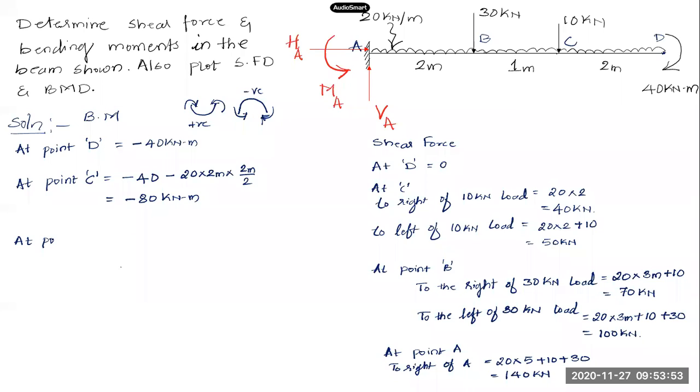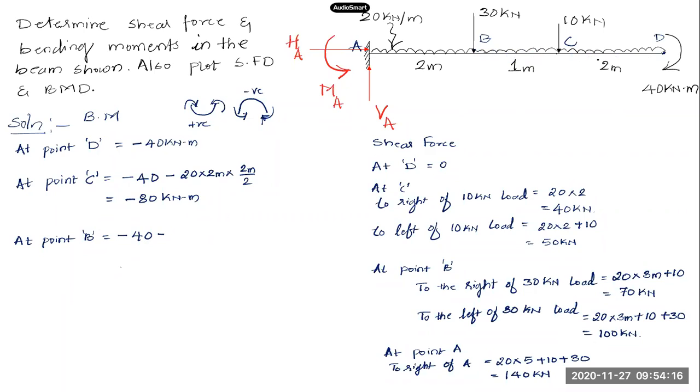Then I'll directly move to point B. The value of bending moment at point B: the couple is 40, and it will be constant throughout the length. So minus 40, right side clockwise moment is minus. Due to UDL, what is the length now?